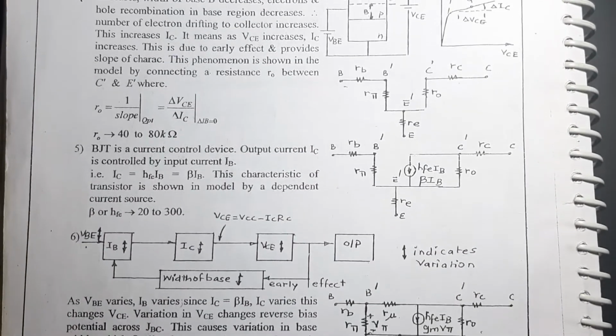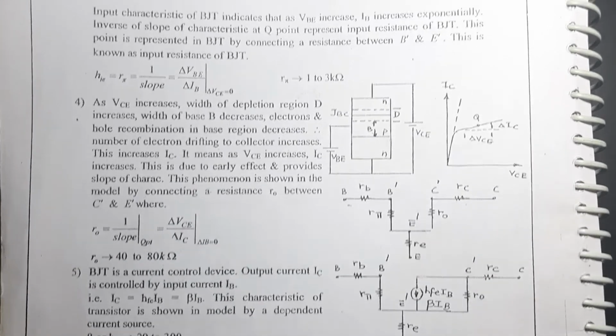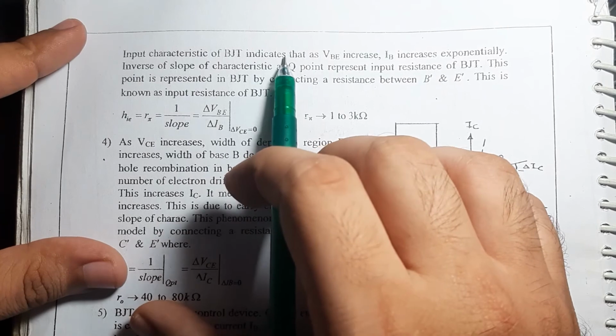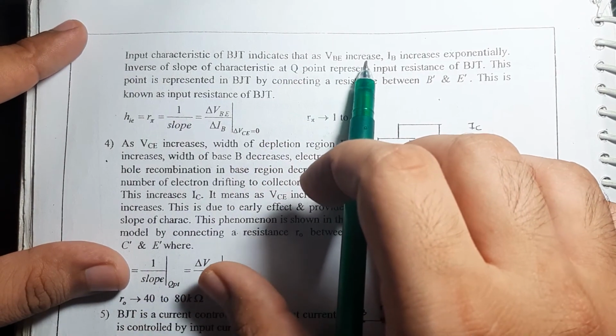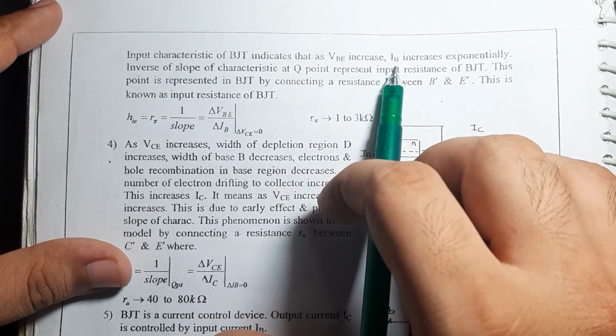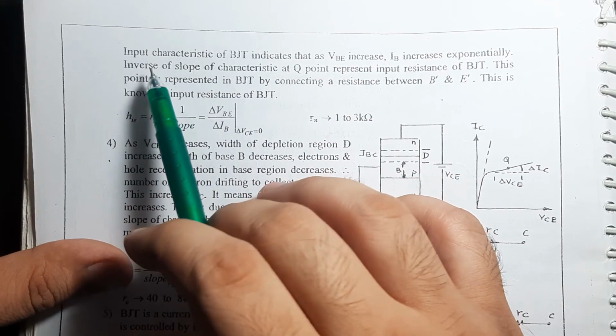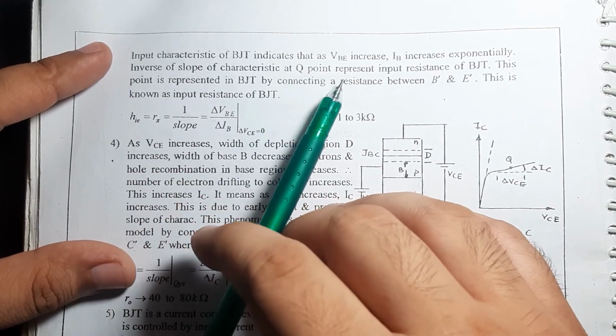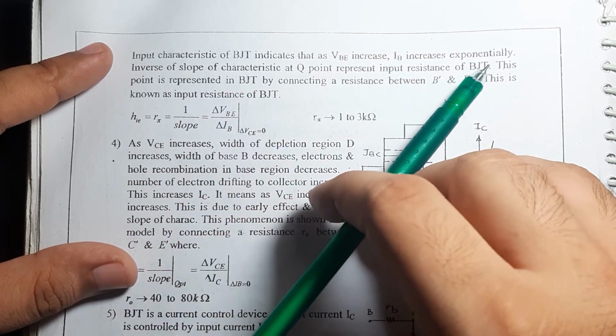The same is written over here, wherein the input characteristic of your BJT indicates that as your VBE increases, your IB increases. That means as your input voltage increases, your input current increases exponentially. Now the inverse of the slope of the characteristic at a certain point, named the Q point, represents the input resistance of the BJT.